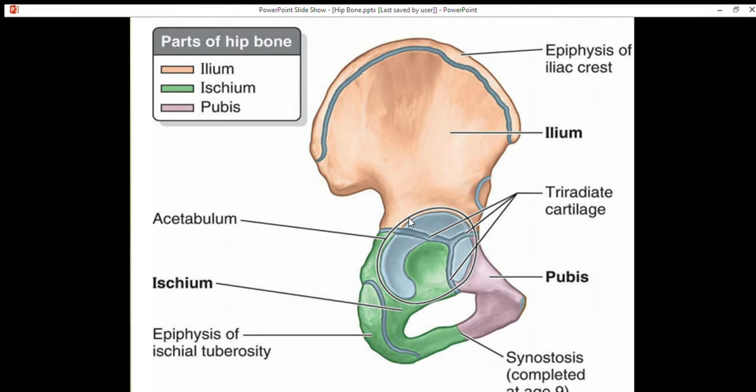This cartilage will be replaced in older age or after puberty by a triradiate line, and then in older adults this line is not visible at all. But before the age of 13, some parts may join, like the lower part of pubis and ischium, as has shown fusion, where it is labeled as synostosis completed at age 9.